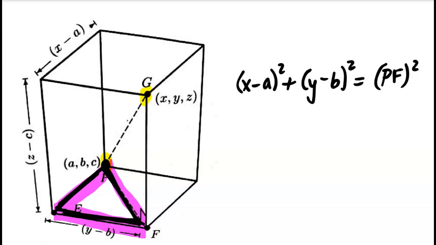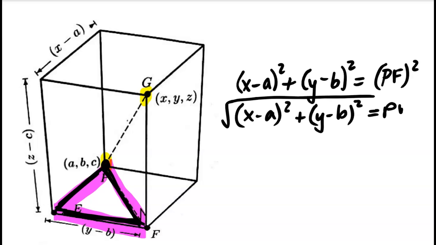Well, we can figure out the distance PF by square rooting both sides. Now we're going to do this again, looking at this green triangle, which is also a right triangle, so we can use the Pythagorean theorem again.